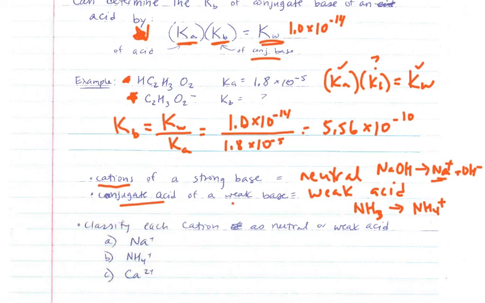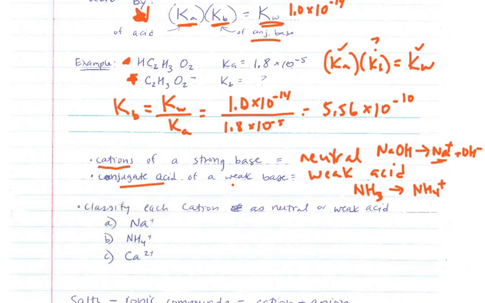Okay, so for each of these ions down here, these cations, we're going to classify them as neutral or weak acids. So Na+, that is the cation that comes from the base NaOH, which is strong. So that means that this ion, Na+, is neutral. All right? Other neutral ones would be potassium from potassium hydroxide.